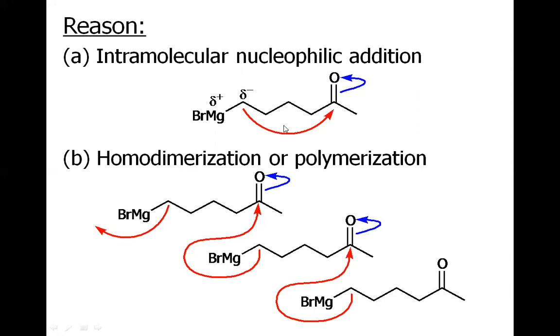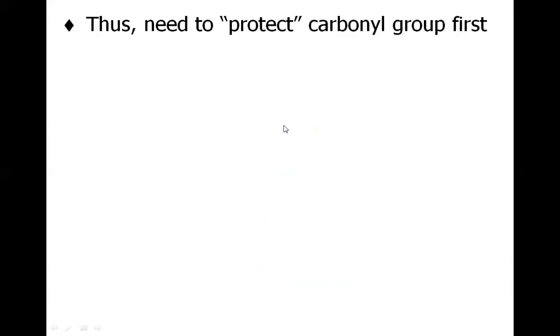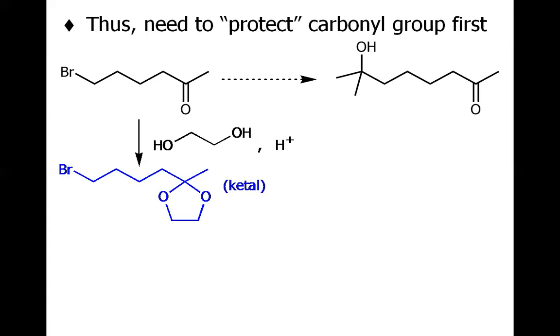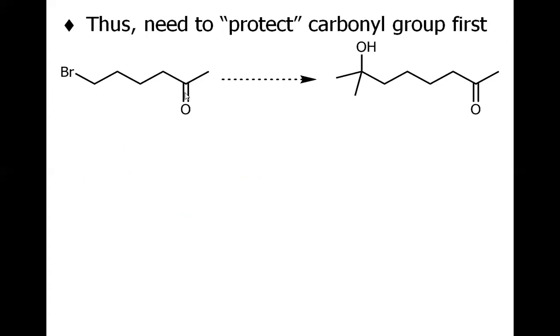So there is one trick: what if we protect this carbonyl, then make this Grignard reagent and treat with acetone, and later we just deprotect this carbonyl. This is the carbonyl that is creating a problem for us.